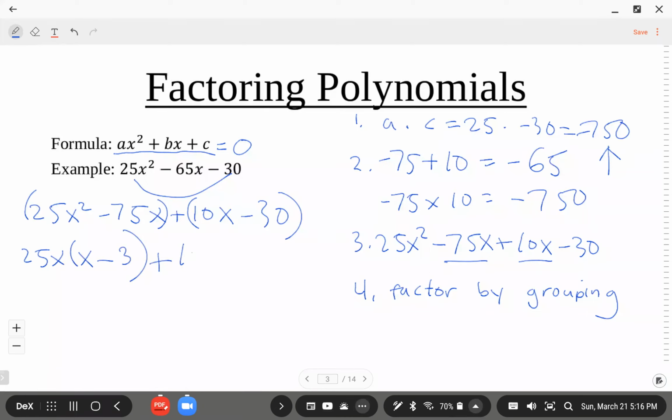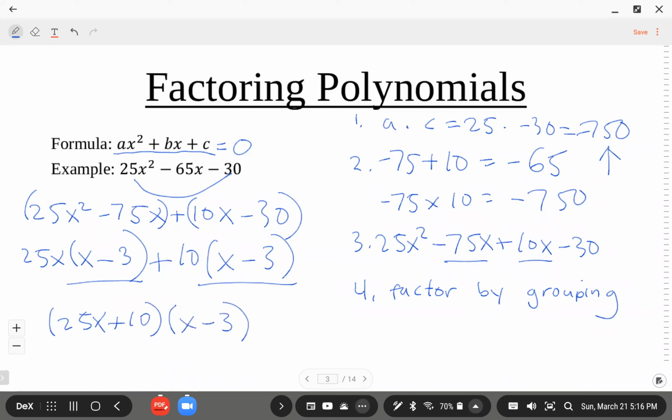Just like that, we factored out the greatest common factors, and you see this part is the same, so you can simplify to this. That's going to be our answer. That's how you factor ax squared plus bx plus c.